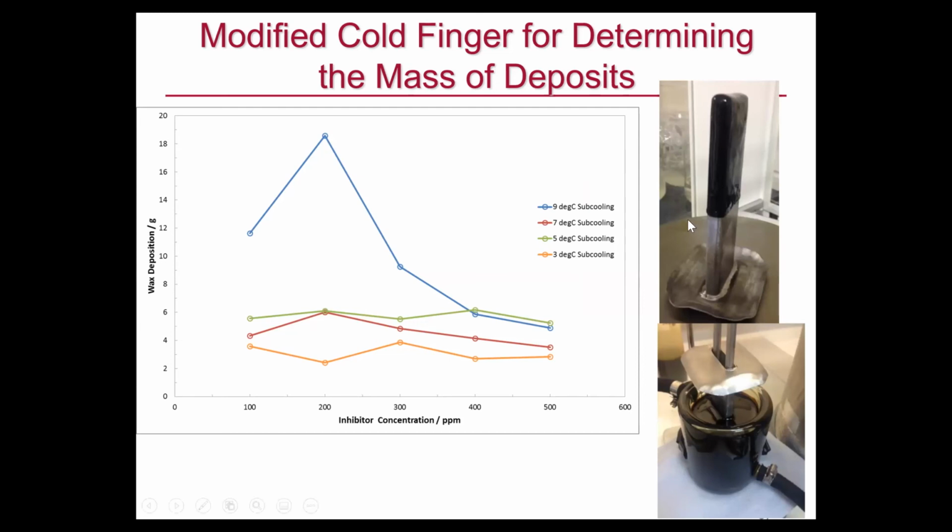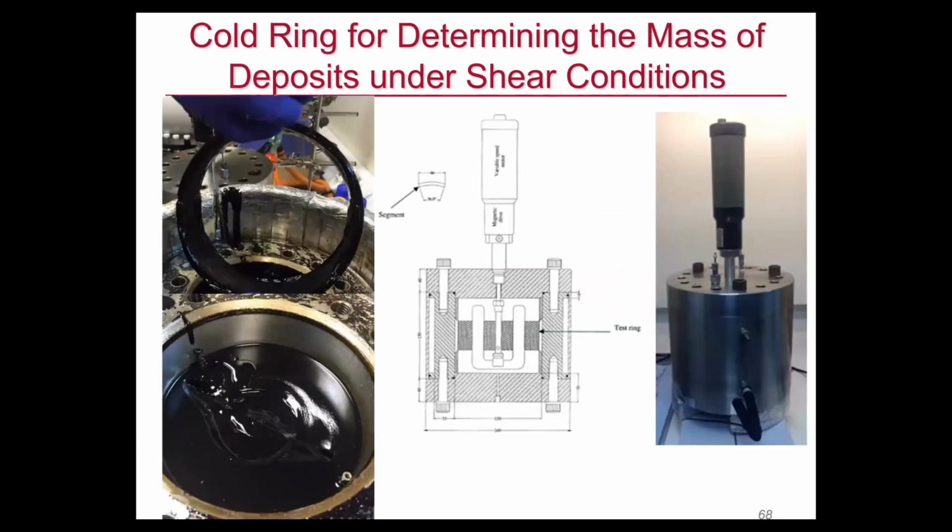This is our cold finger facilities that we use for an oil from Turkmenistan, and this is the effect of shear on wax deposition.